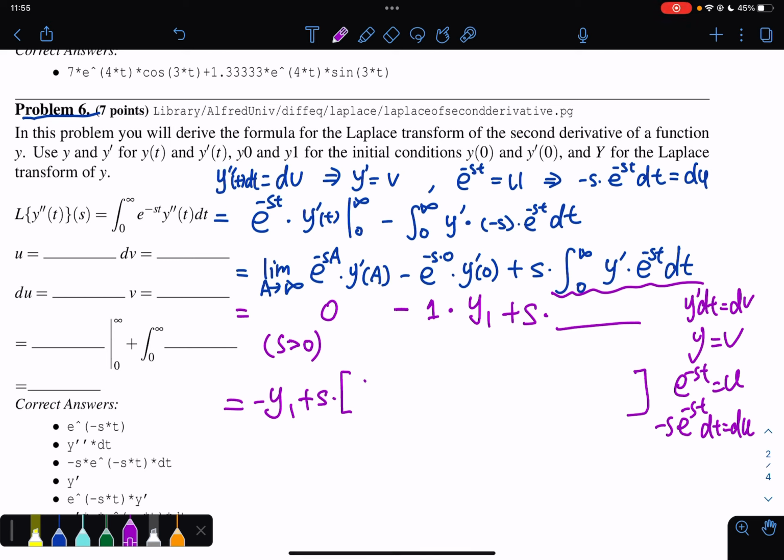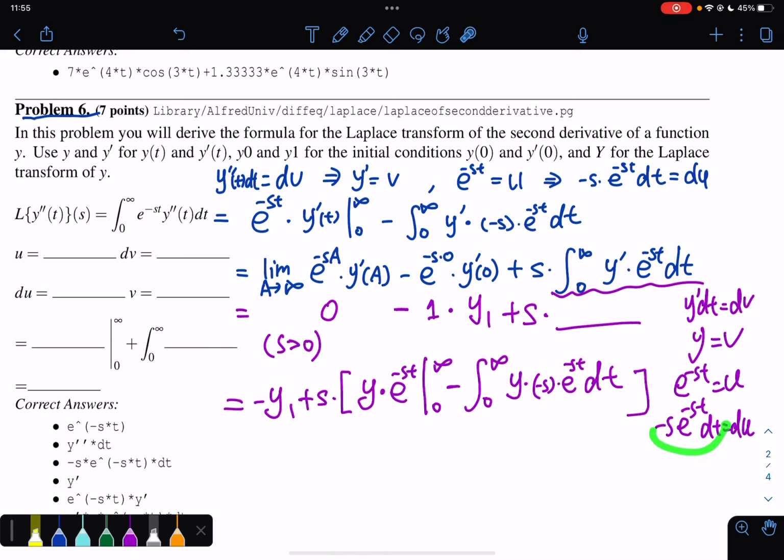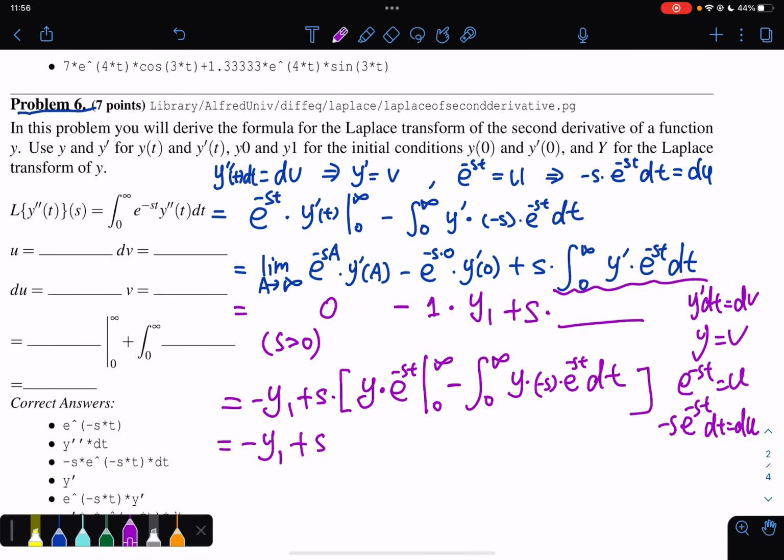I'm going to have my u times my v evaluated at 0 and infinity, minus the integral from 0 to infinity of v du, which was my du here. Using integration by parts, I get this expression, so I'm going to clean it up a little bit: minus y1 plus s multiplied by the expression.